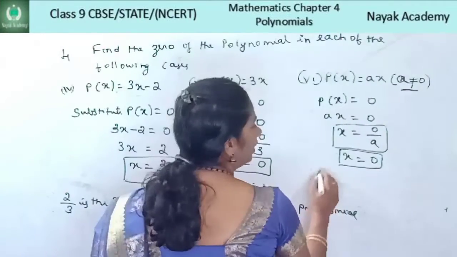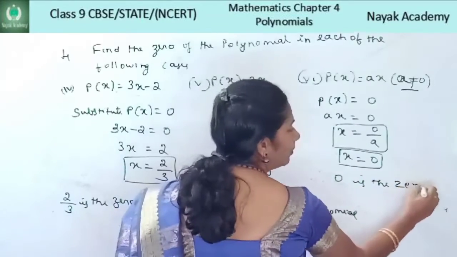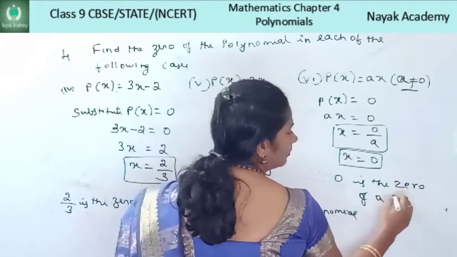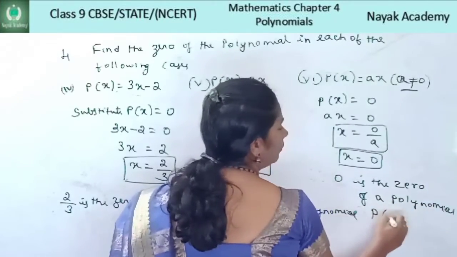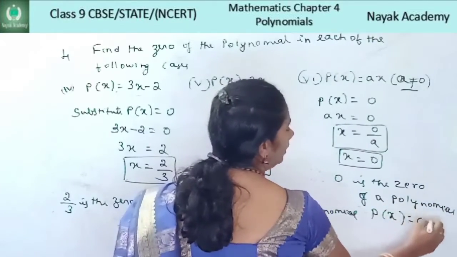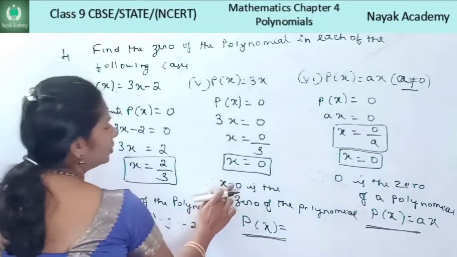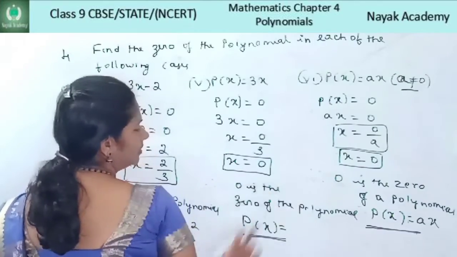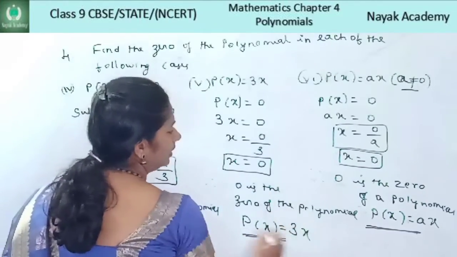Got it? Therefore 0 is the zero of the polynomial p of x is equal to ax. Here also no need to write x is equal to, children, just write 0 is the zero of the polynomial p of x is equal to ax.